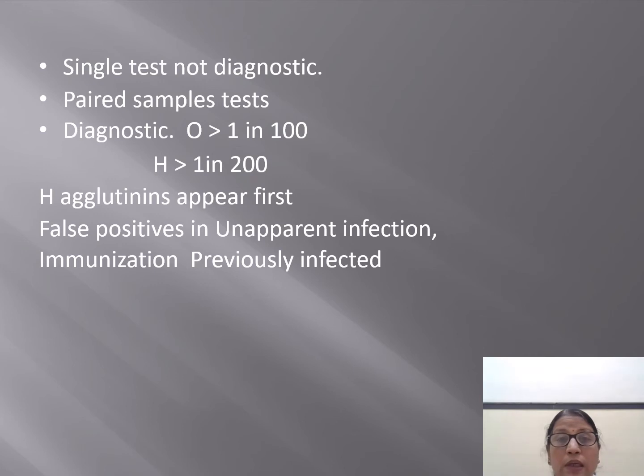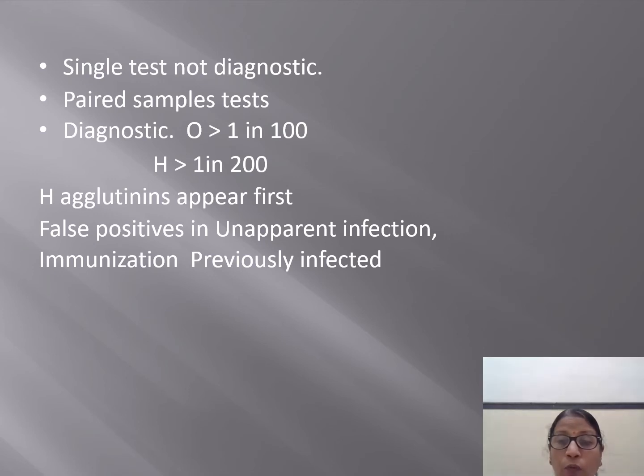So what is the significant titer? If antibodies against O antigen are 100 or more, and for H antigen 200 or more. Suppose we are doing 20, 40, 80, 160, 320 dilutions.